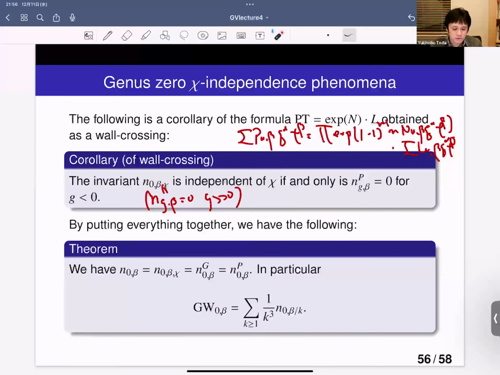As a consequence, we have this so-called multiple cover formula. The point here is that this is counting stable maps, and here I employ the definition by counting stable sheaves.